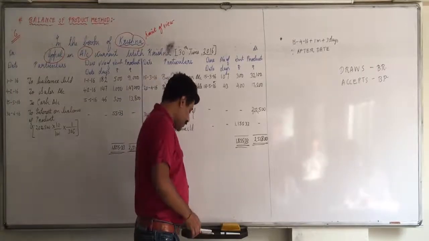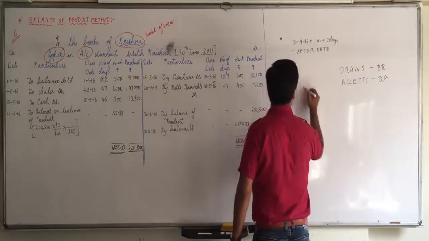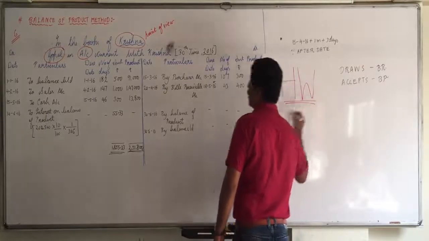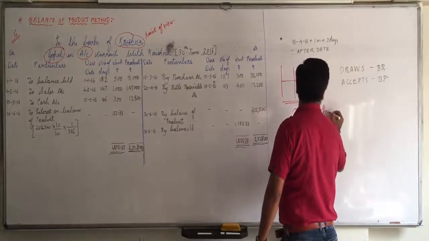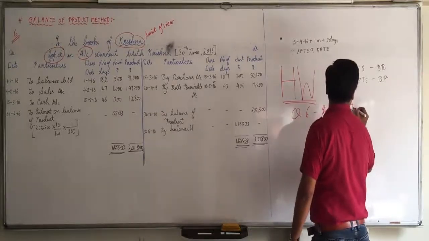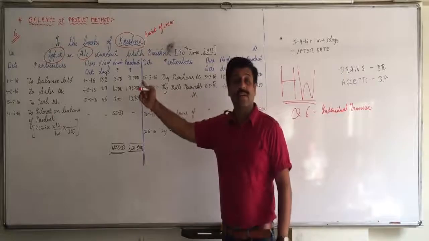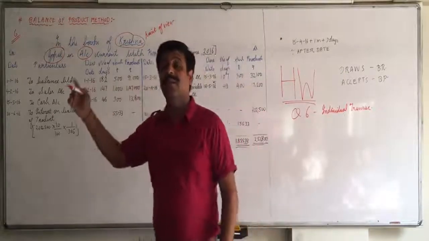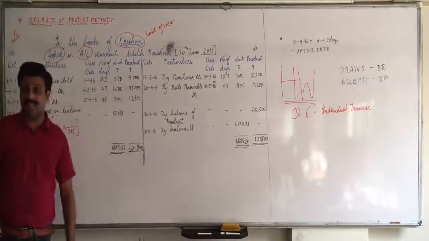Yes, sir. So what you are supposed to do for tomorrow is this question 6, you have to solve by individual transaction method and see whether your amount comes same or not. Means instead of product, same question, now you make the column of interest, and final balance of amount and interest should come same.